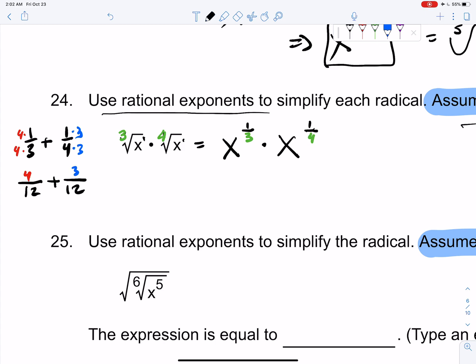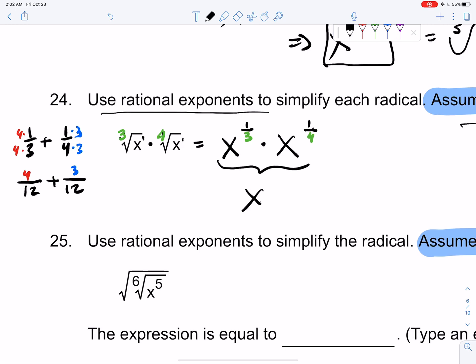And now we're able to add. So 4 plus 3 gives us 7/12. So that's x to the 7/12, and that is my final answer. The exponent is positive, so it's all good.